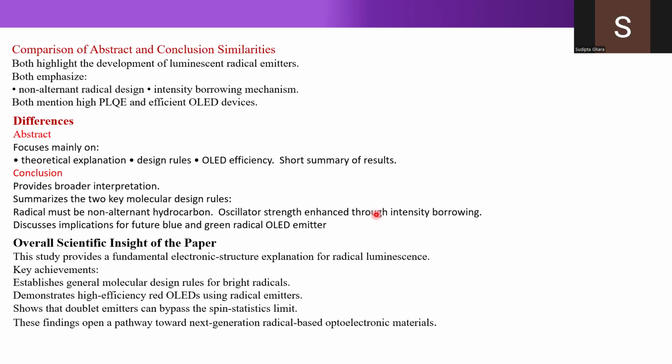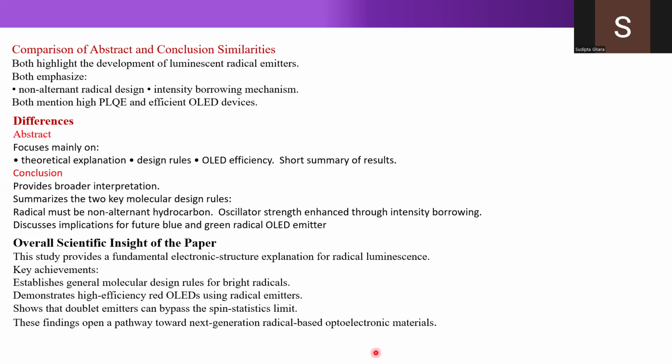And overall, now the comparison of the abstract and conclusion. Similarities: both highlight the development of the luminescent radical emitter. Both emphasize the radical design and the intensity borrowing mechanism.